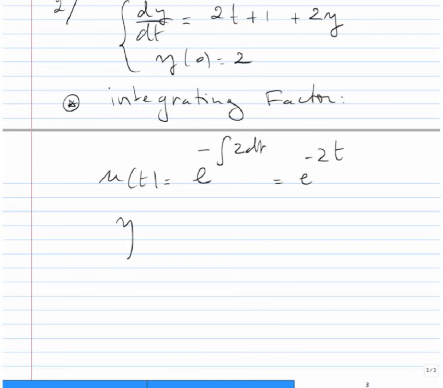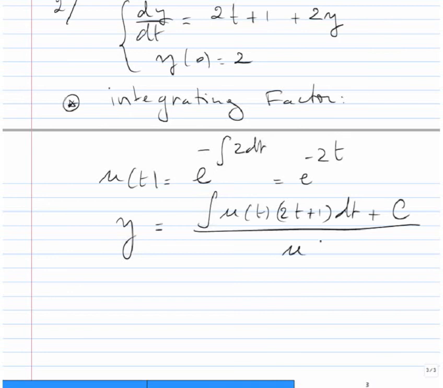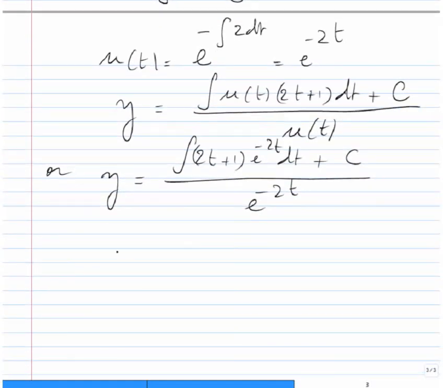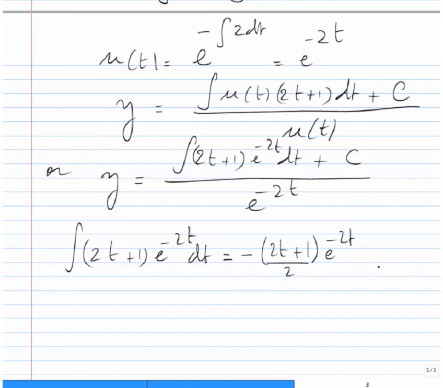Then we go for the general solution, which is y equals the integral of u(t) times (2t plus 1) dt plus c, over u(t), or y equals the integral of (2t plus 1) e^(-2t) dt plus c, over e^(-2t). Here we need to integrate (2t plus 1) e^(-2t) dt, and for that we can use integration by parts, and the answer will be minus (2t plus 1)/2 e^(-2t) minus 1/2 e^(-2t) plus c.